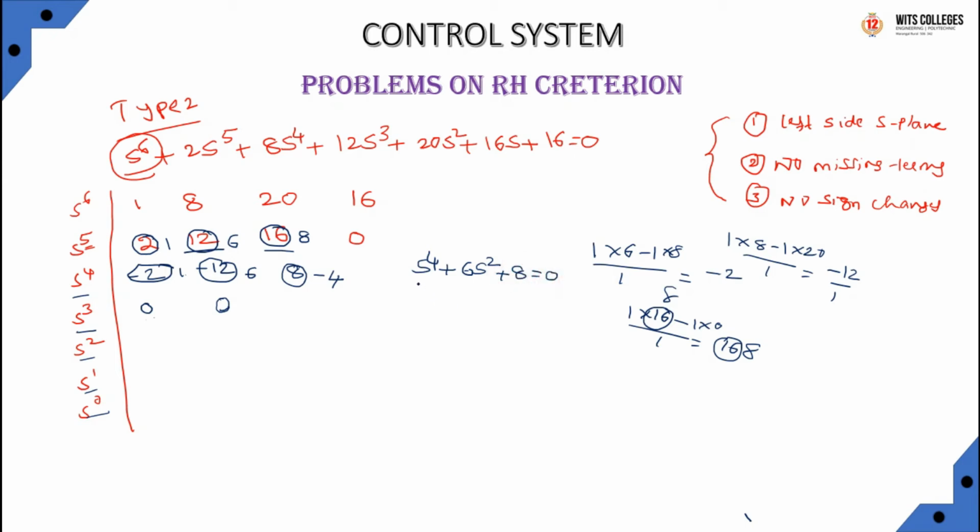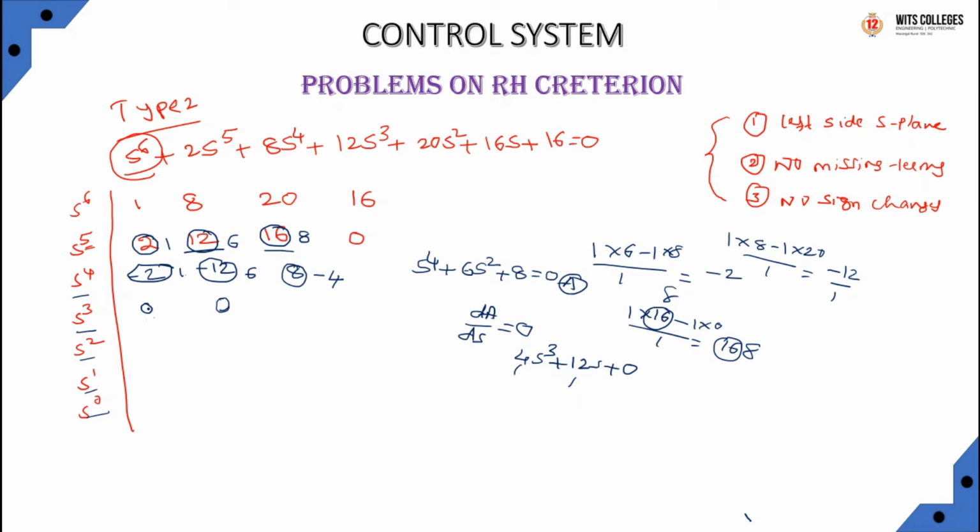By differentiating this one, let's assume it is A, dA by ds is equal to 0. Here we get 4s cube plus 12s plus 0. The coefficients of s power 3 are 4 and 12.